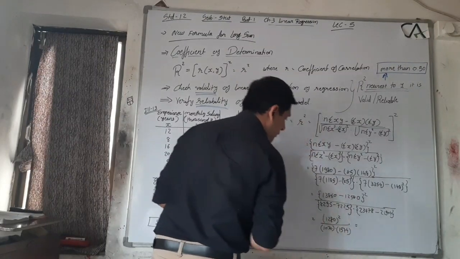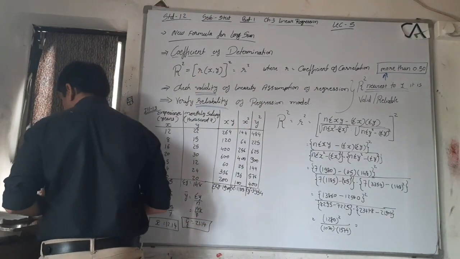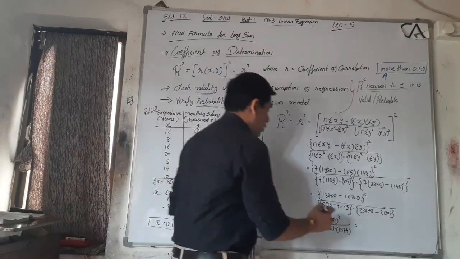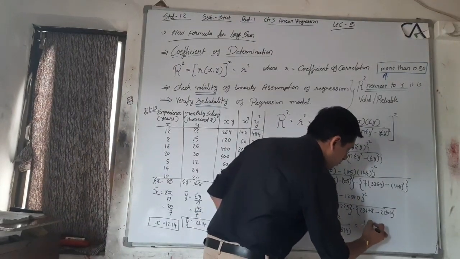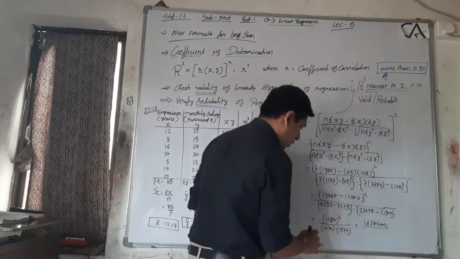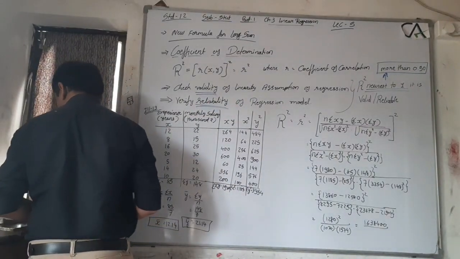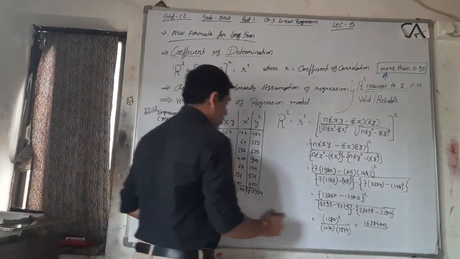I am writing here, is equal to 1280 square, 1638400, upon 1070 into 1574, that is 1684180.